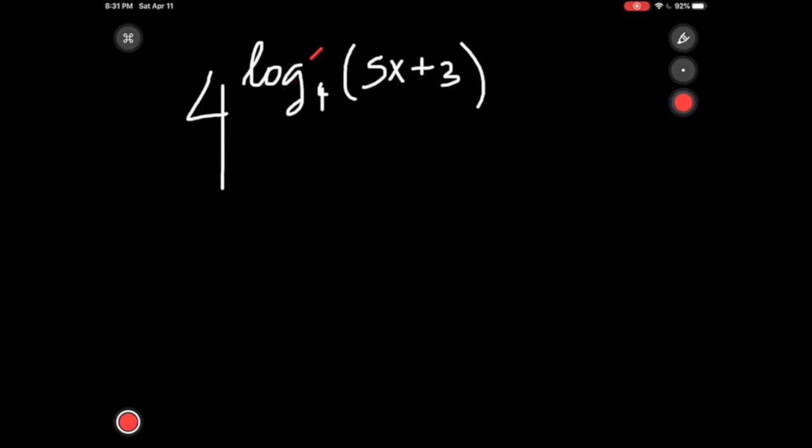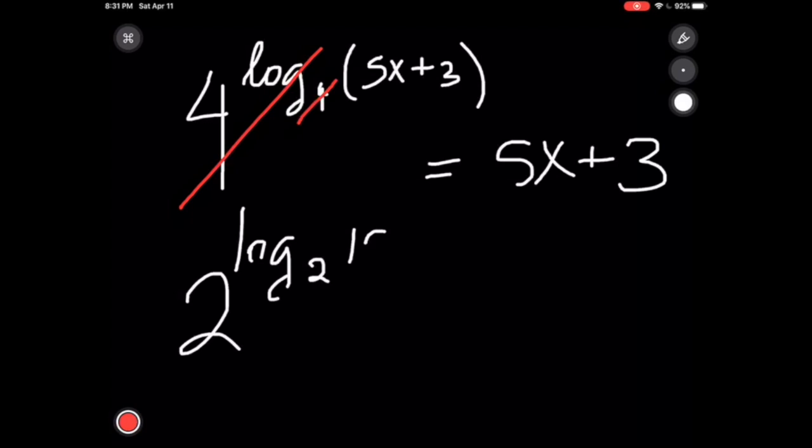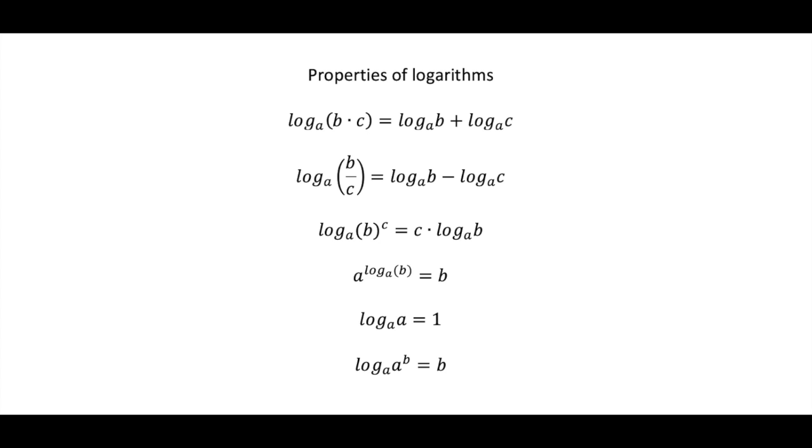Based on the fourth property, 4 to the power of log base 4 kind of cancel each other out, leaving you with 5x plus 3. Very similarly, 2 to the power of log base 2 of 15 will equal 15 because 2 and log base 2 kind of cancel each other out.